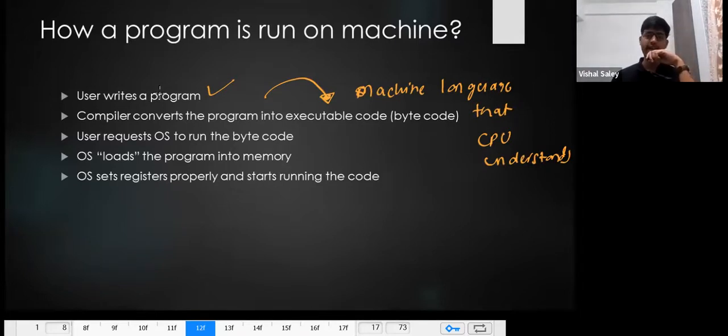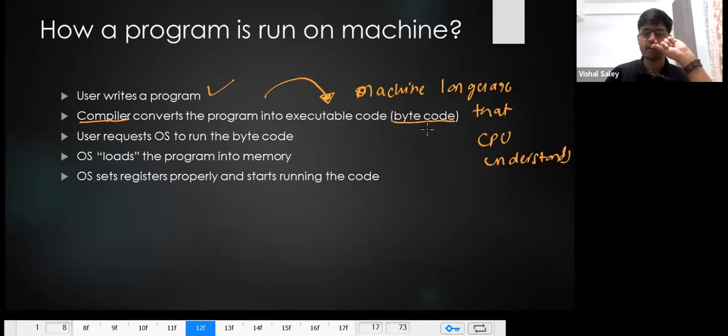You understand that language, but the CPU does not. So you have to convert it into something the CPU can understand. There are programs called a compiler. You will get to know this in the compiler module. It converts the code into something understood by the CPU, called executable code, executable file or a byte code.